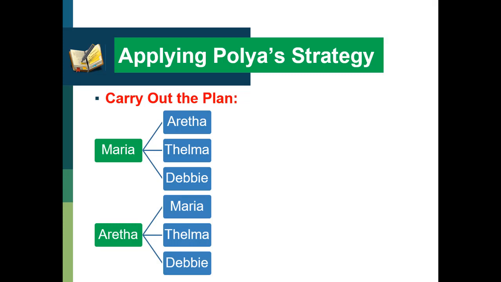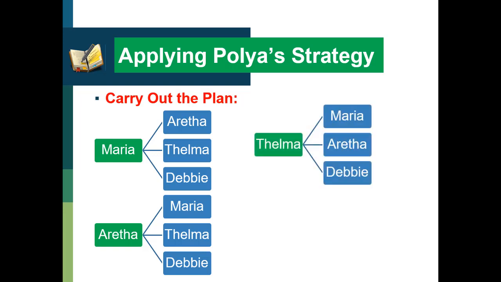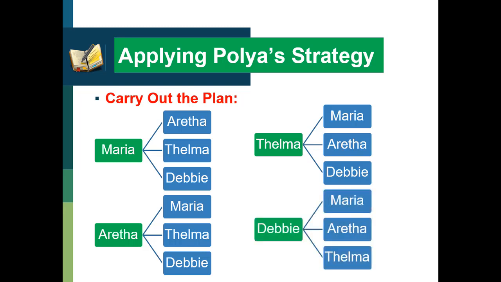Still, the other 3 runners can finish second place. In the third diagram, Telma can finish first, and the remaining 3 runners can finish second place. And in the last diagram, Debbie can finish first, and the remaining 3 runners can finish as second place.